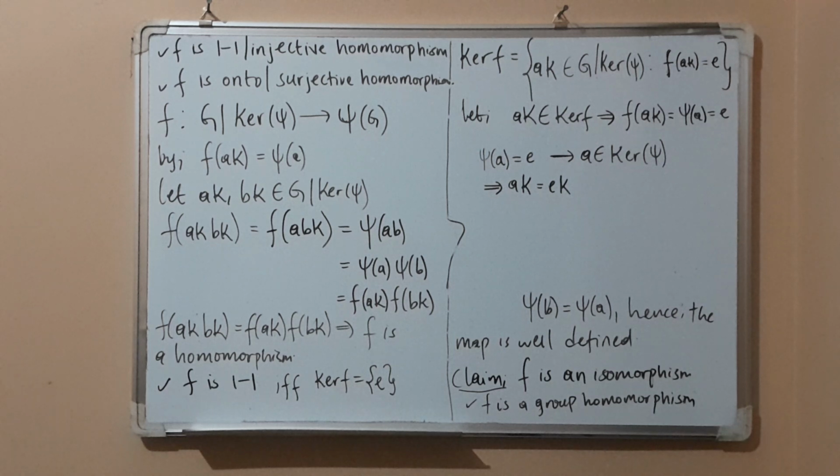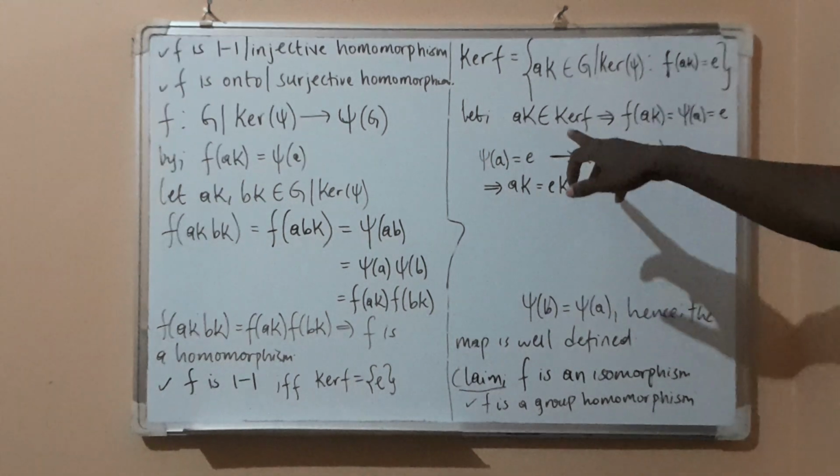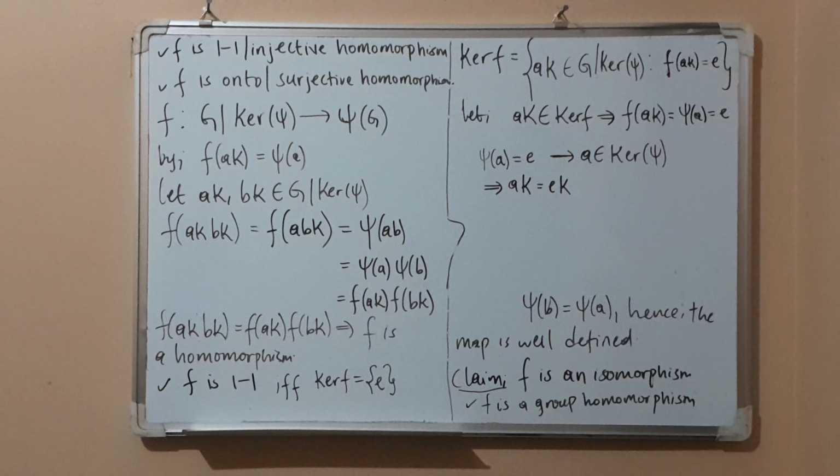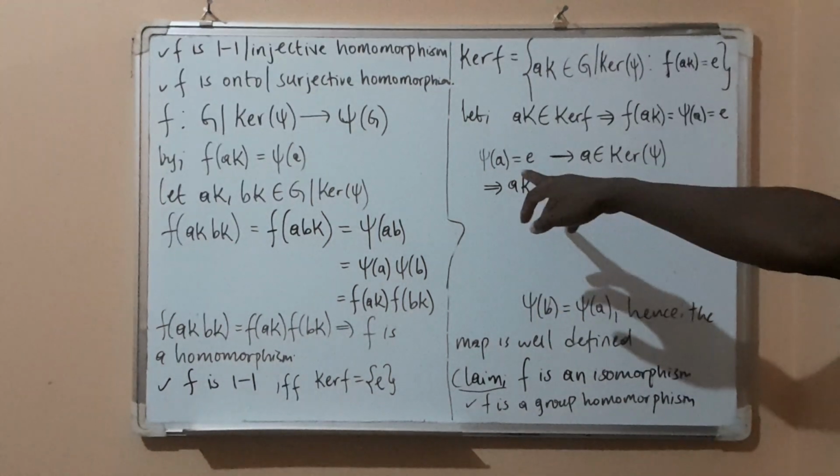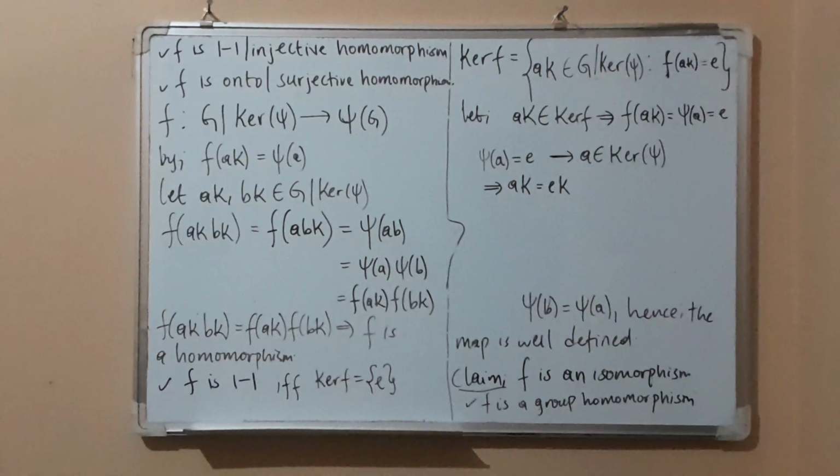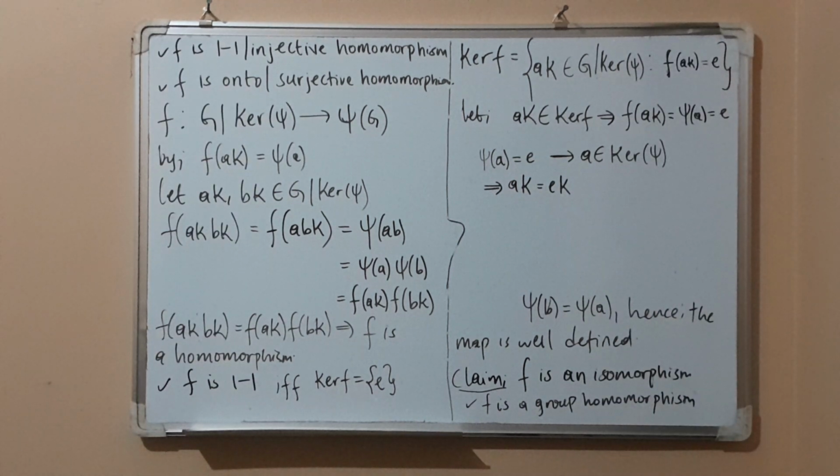So in this proof, let me repeat once again. I've picked an element AK from the kernel of F. If AK is within the kernel, that means AK will be mapped to the identity, and this means that phi of A will also be an identity element.